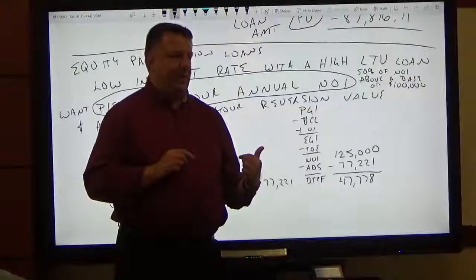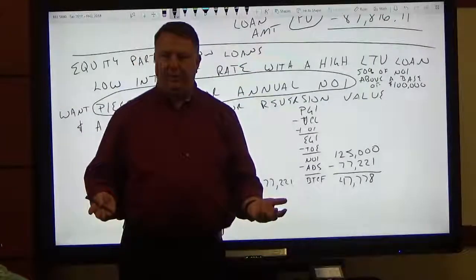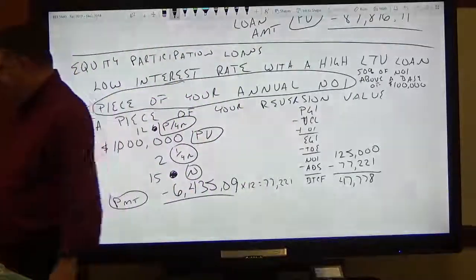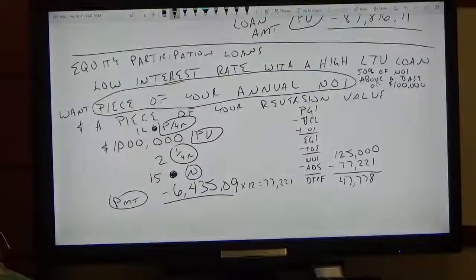They get 50% of that, which would be 12,500. So the piece that they get each year would be 12,500. Does that make sense?